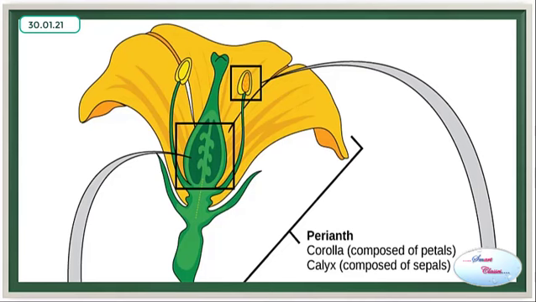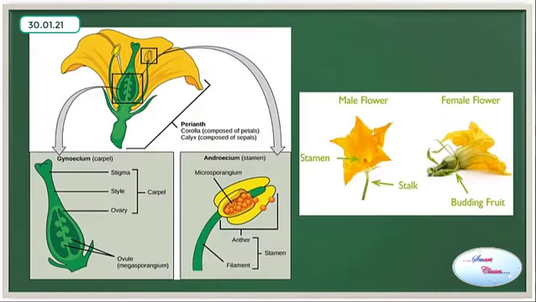The female part of a plant is the carpel and the male part is the stamen. The female part, the carpel, consists of stigma, style and ovary. It also has ovule, while the male part, the stamen, consists of anther and filament, which is also called the stalk.